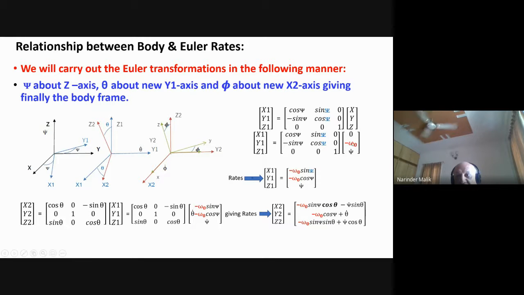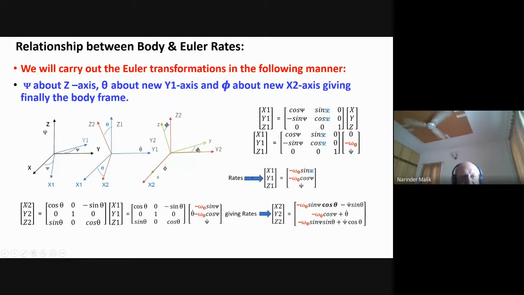When I expand this, I get the rates about the x1, y1, z1 axes as minus omega naught sine psi, minus omega naught cosine psi, and psi dot. Now I give the next rotation about the pitch axis, which is the new y1 axis, by angle theta.